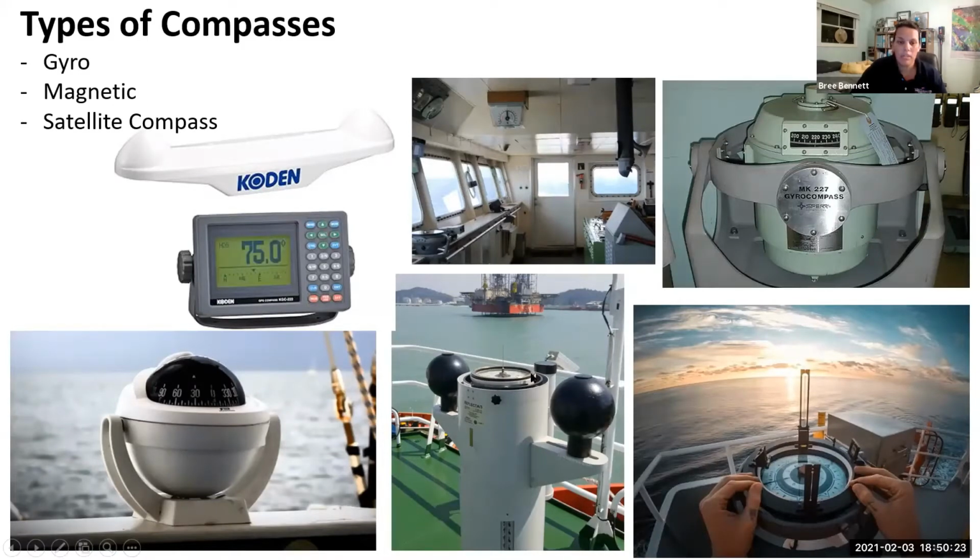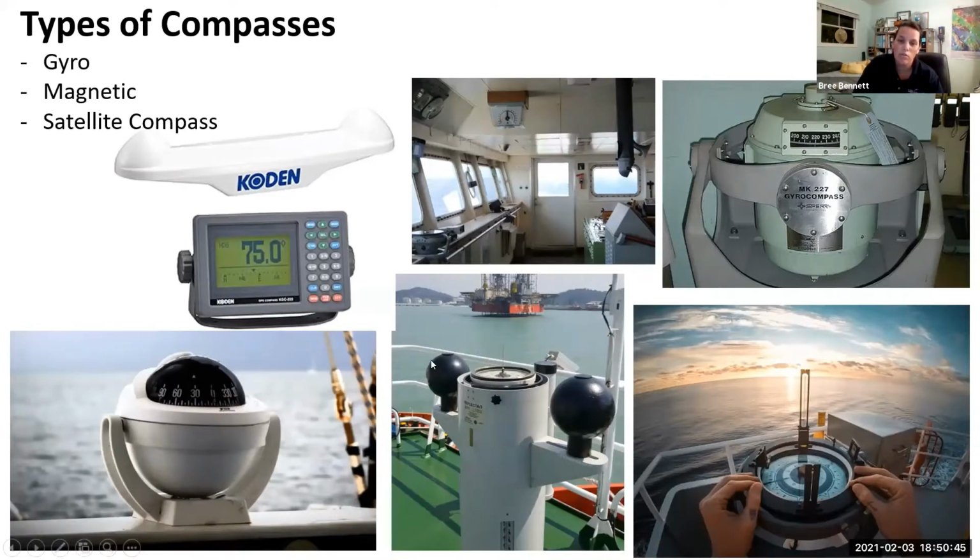This middle picture here is a picture of a magnetic compass on board. It's called a binnacle. They still have them on board every single commercial vessel, but I see them a lot in nautical antique stores and stuff. They make them pretty cool.